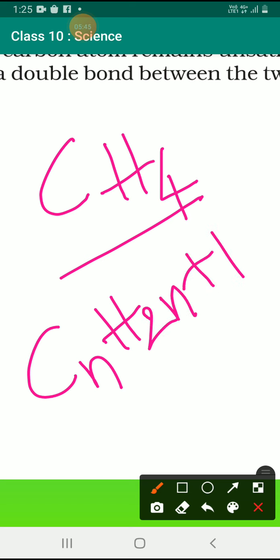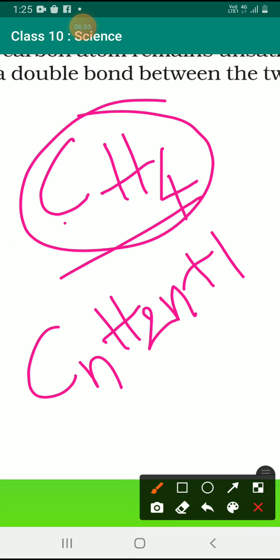If you keep the number 1 here, C1H2 into 1 plus 2. C1 we don't write, so we write only C. So CH2 into 1 is 2, plus 2 is 4, right? So CH4 we can write as methane, isn't it?